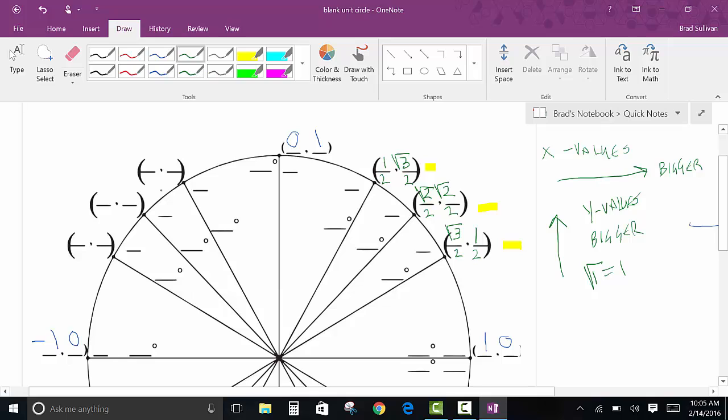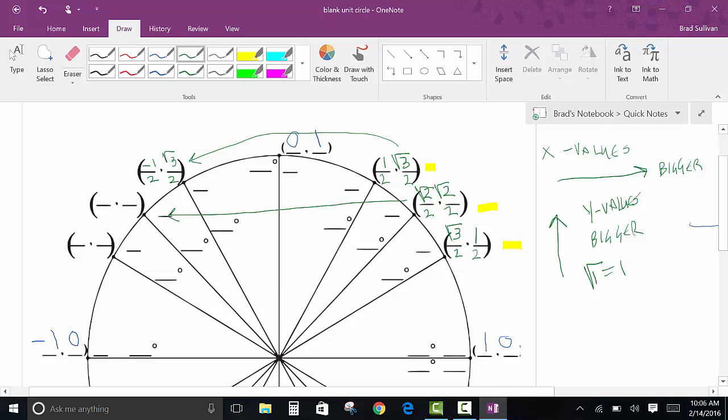Now, once you get those points, it's real simple to move these points over here. If I take this point and move it there, the y value is going to stay the same because it's still up the same amount, but now the x value is negative because of the quadrant you're in. Same thing with this point.